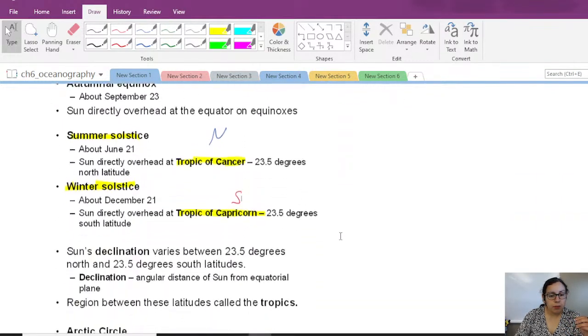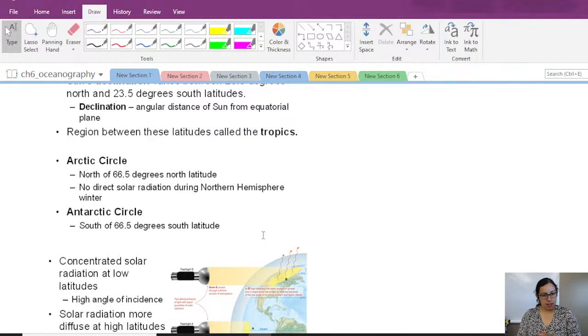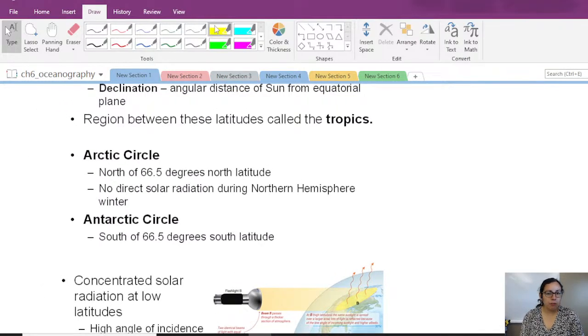And let's see, I think we have a better chart later of the tropics, so we'll look at our zones. So of course, around the equator is the tropics, 23.5 degrees north and south. And so we should note, I probably won't make you remember the degrees, but we have the Arctic Circle and the Antarctic Circle.